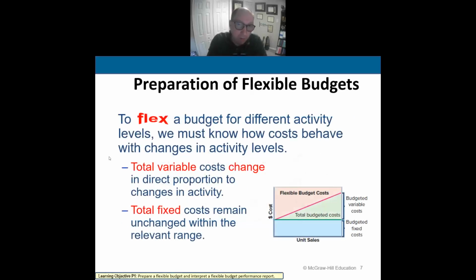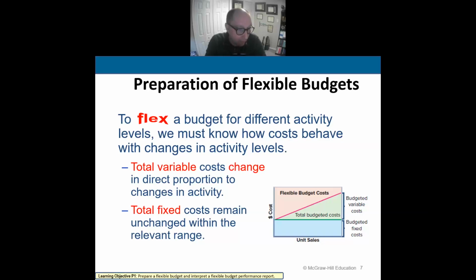So when we prepare a flexible budget, we're looking at the cost behavioral changes based on the level of activities. What I mean by that is a flexible budget identifies different levels of activity, and we can change the budget based off of those levels of activity. For example, I budgeted $100,000 for sales, so that's 100%.